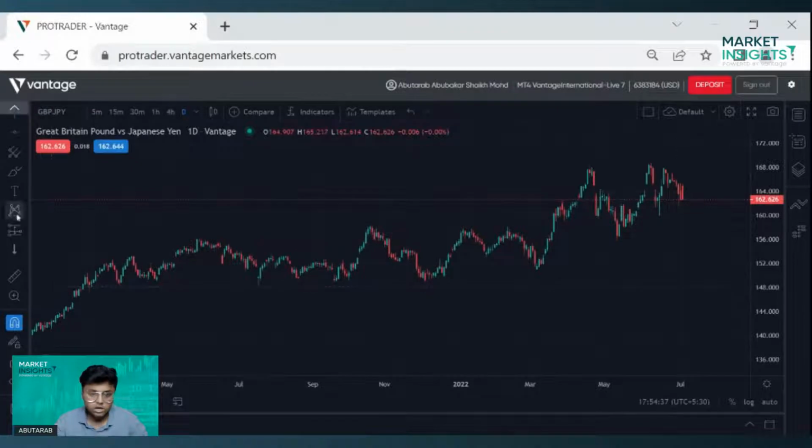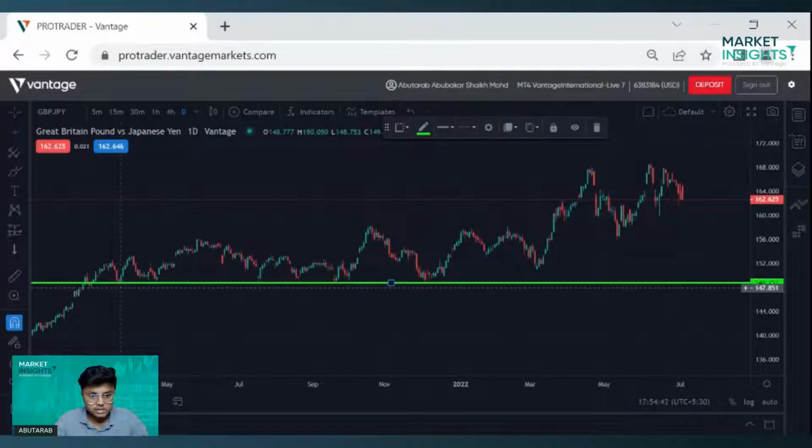So let's take this point where I'm starting my trend line analysis, and I'm just making an imaginary line here. Now what I can see is the price started going up from here, and currently the price is above this imaginary line.